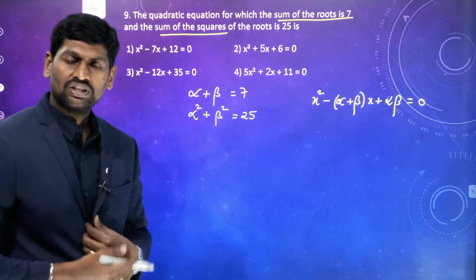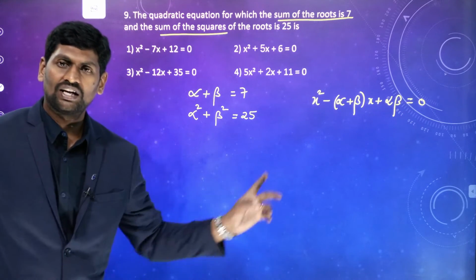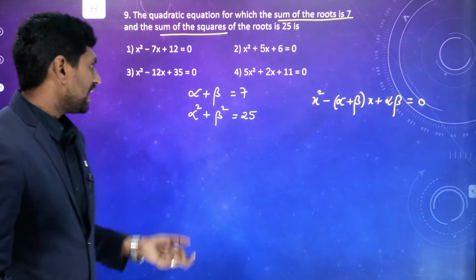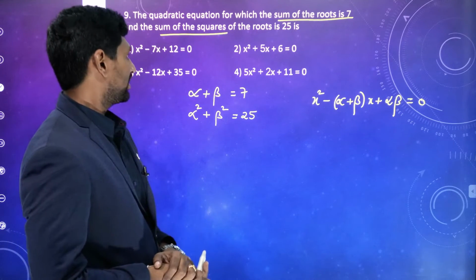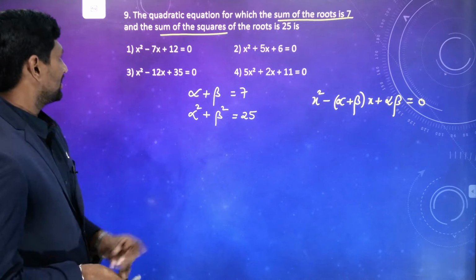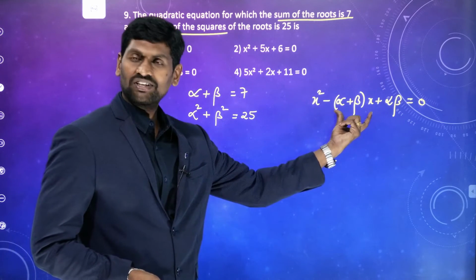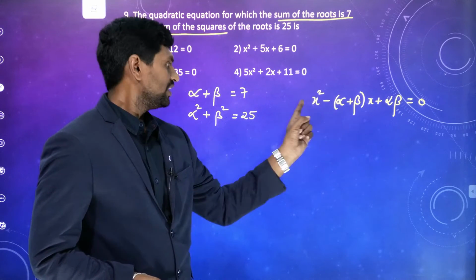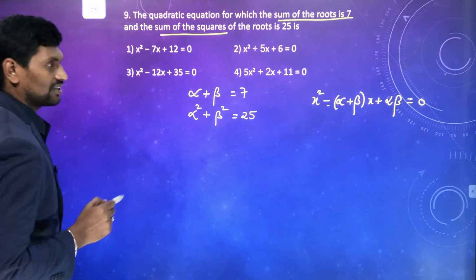We have to substitute the alpha plus beta value and alpha into beta value in the given equation. Alpha plus beta value we know already. So without finding it also we can say that alpha plus beta value is 7. If you write the 7 value, x square minus 7x something will come. 7x means this one only, no? Option 1.